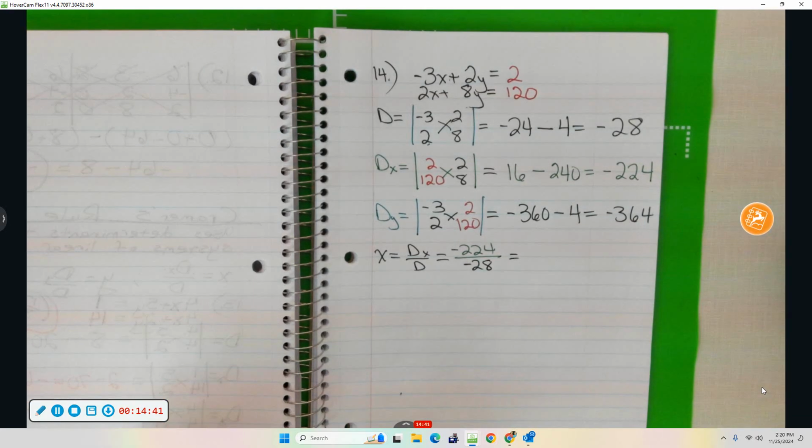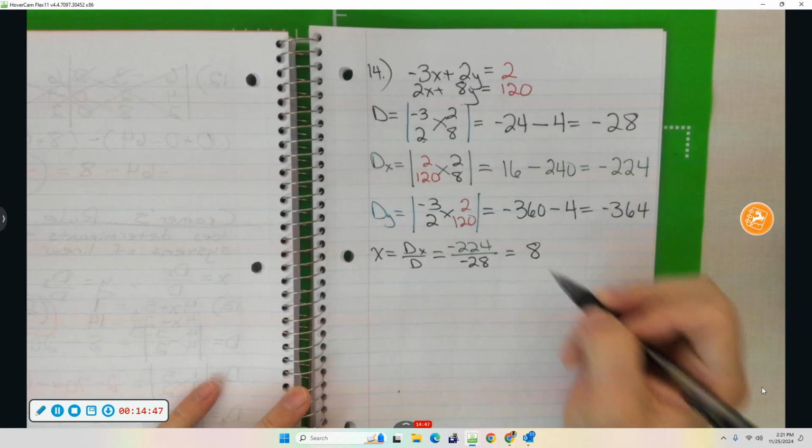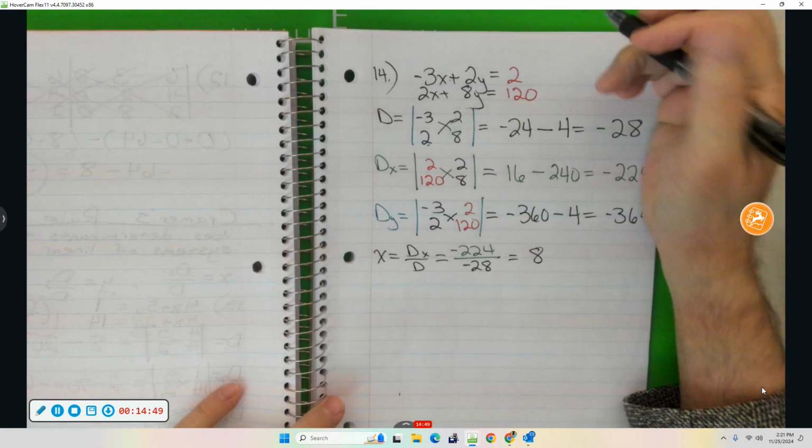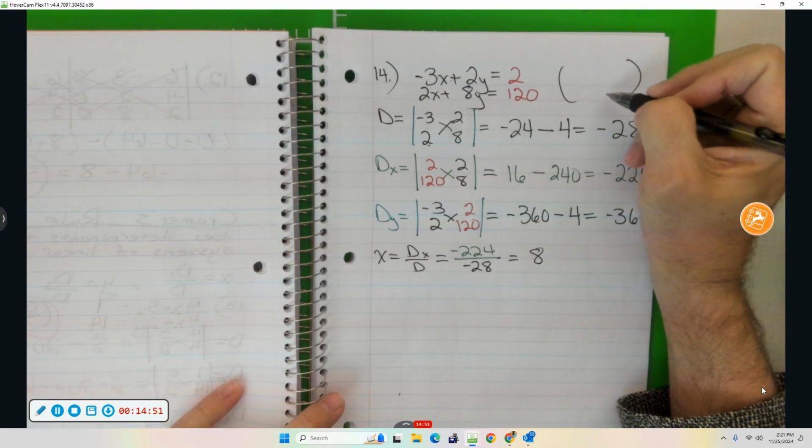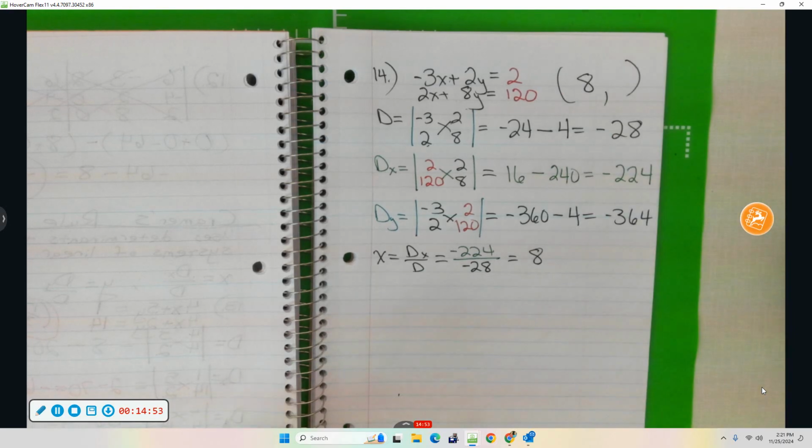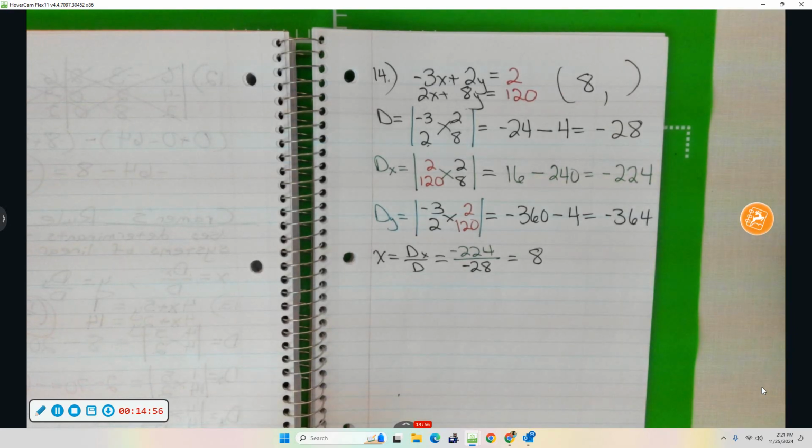And is that an 8? 160 and 64, yeah. Okay, so a positive 8. That means these lines intersect where x is equal to positive 8.